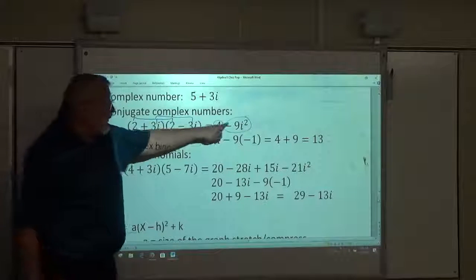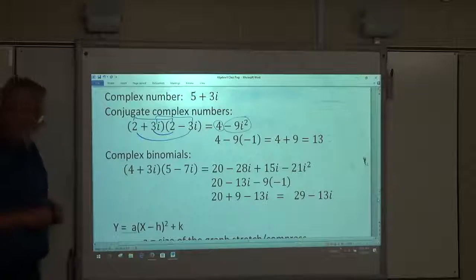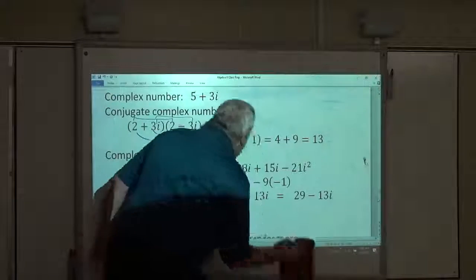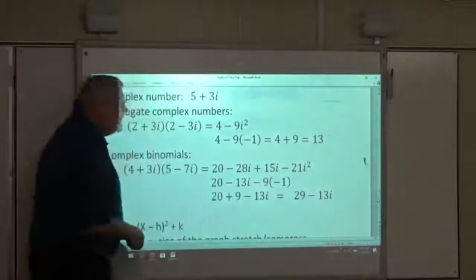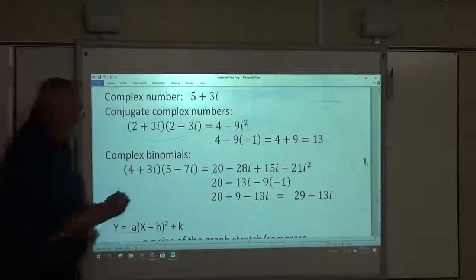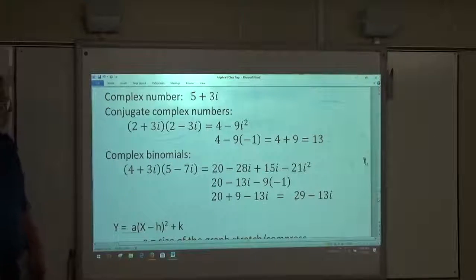So there is no middle term. It's not a trinomial. We love it. Now, what's the value of i squared? -1. So this means that I have -9 times -1, which is 9, so therefore it's 4 plus 9, and the answer is 13.